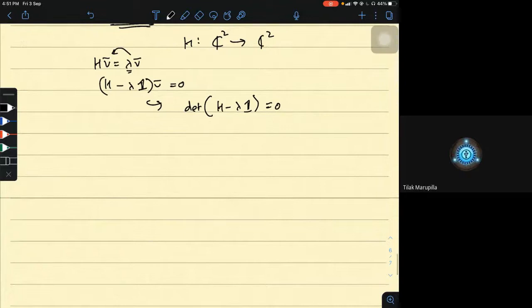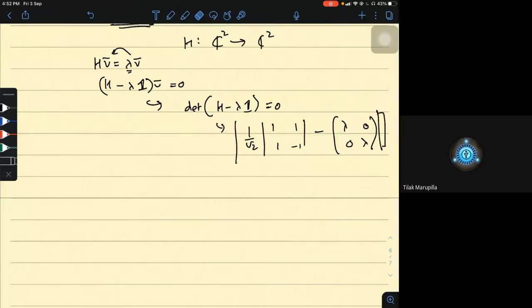Otherwise, it will only have the trivial solution v equal to 0. So let's try the calculations. We get 1 over root 2 times the matrix with 1 minus lambda, and we require its determinant to be 0.